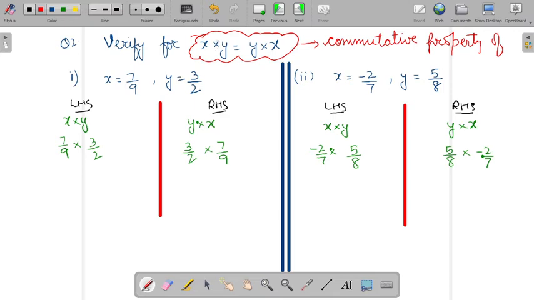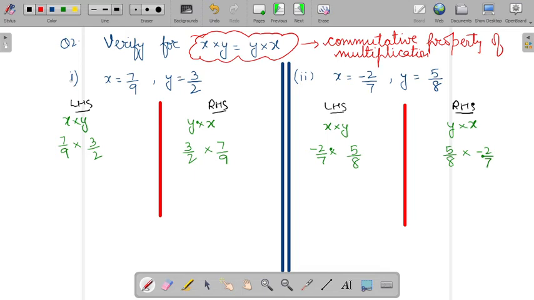Since it has a sign of multiplication, this is the commutative property of multiplication. And this is one of the properties for rational numbers.